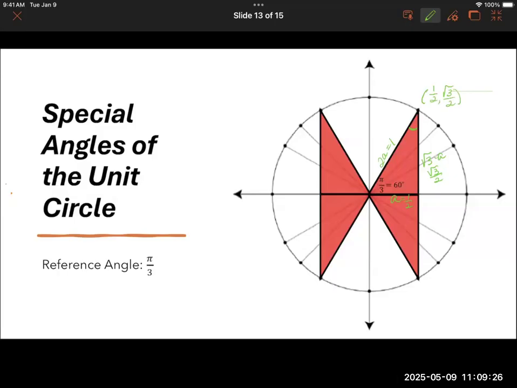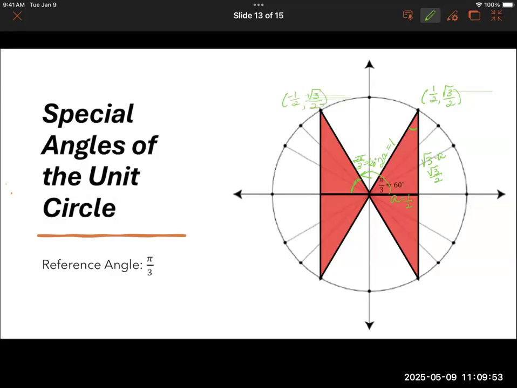If we go over to this angle, which would be a 2 pi over 3 or 120-degree angle, having that same reference angle of pi over 3 or 60 degrees means that this is now a negative 1/2, and this is still positive root 3 over 2.